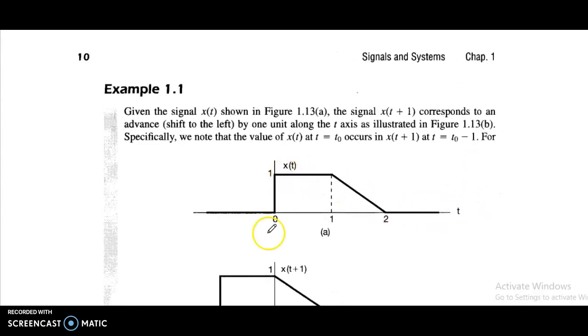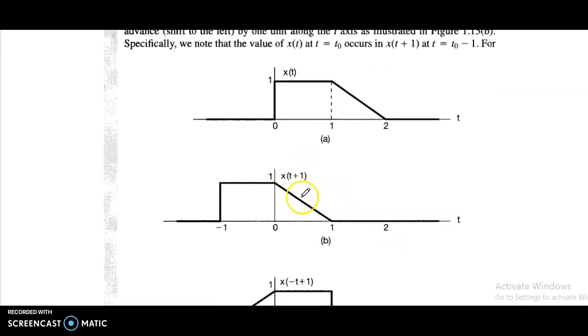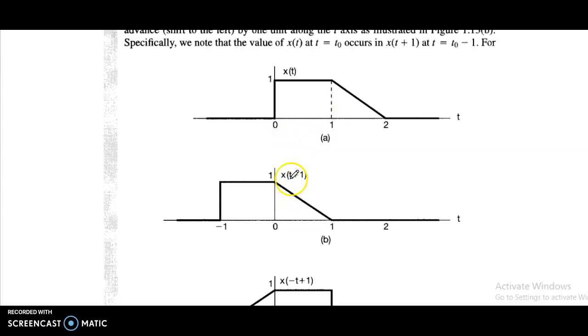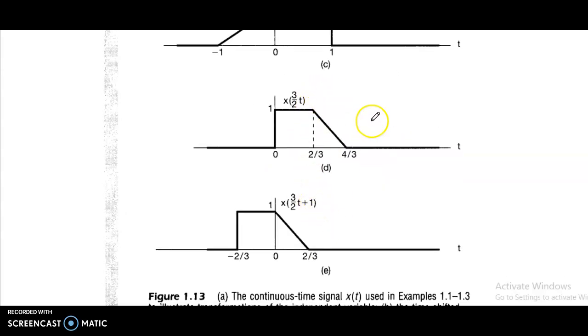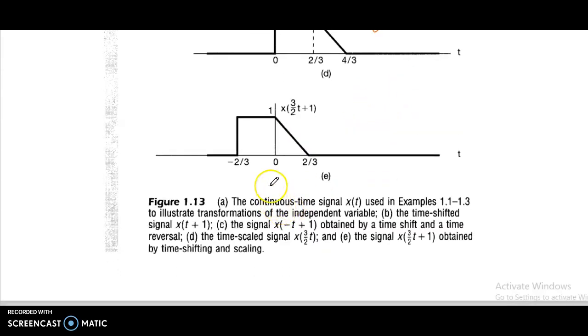The shifting property: x of t plus 1, x of minus t plus 1, x of 3 by 2 t.